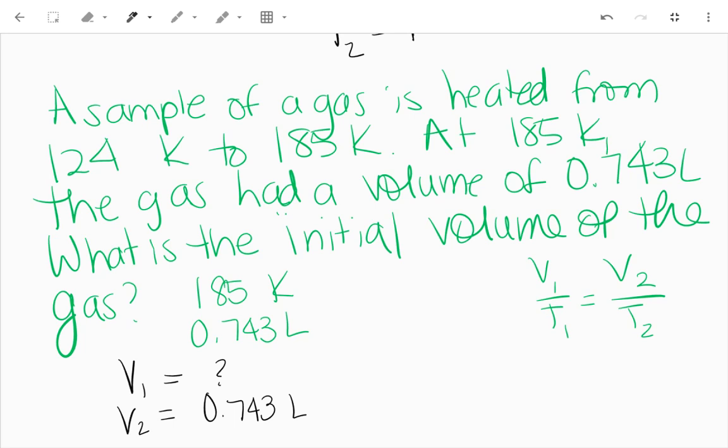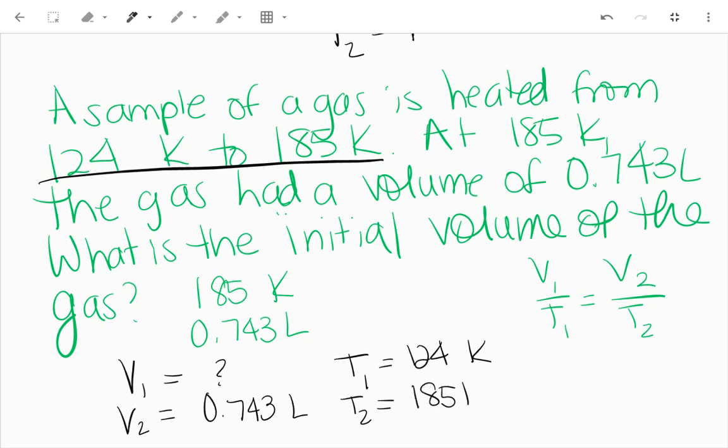Do we have the initial temperature? Yes. We have a range right here. So this range tells me 124 Kelvin to 185 Kelvin. The initial temperature is going to be 124 Kelvin. And the final temperature is 185 Kelvin. So I have my numbers.